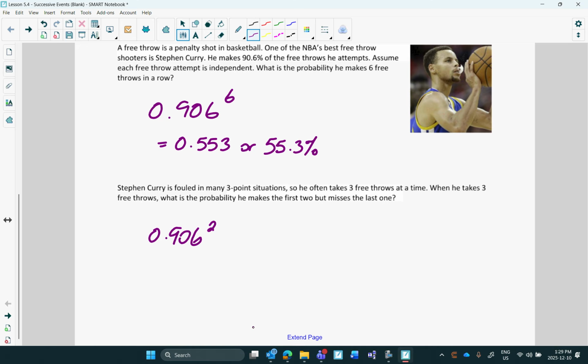And misses, which is 0.094. So makes, makes, misses, and when we calculate that, we should get approximately 0.077, or about 7.7%.